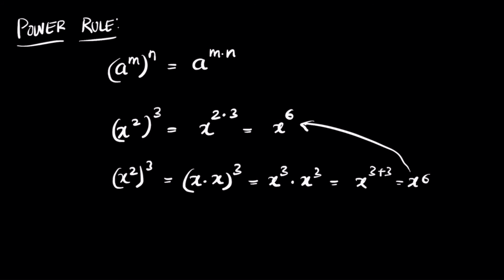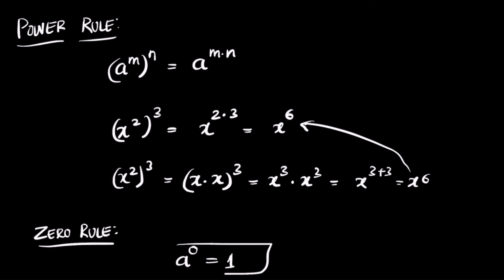The last one is the zero rule. The zero rule basically states that any base to the power 0 is always equal to 1. How do I know that?